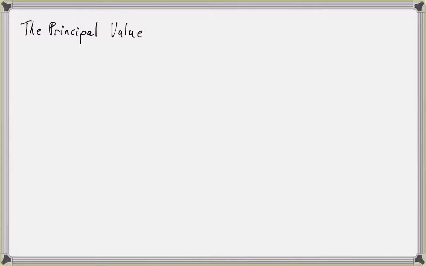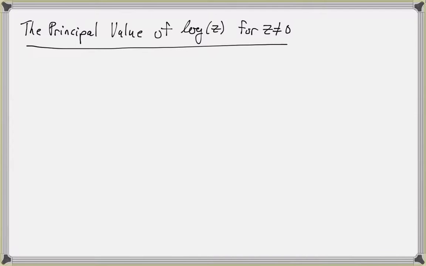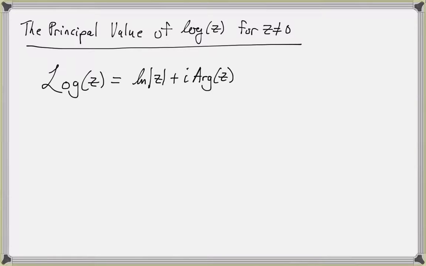The principal value of log of z for non-zero z, which we're going to denote by a capital L on the log function. So capital L log of z will equal the natural log of the absolute value of z plus i times the principal value of the argument of z. So it's the value of the log function where we use the principal value of the argument of z.